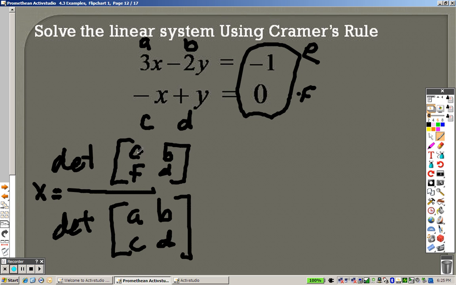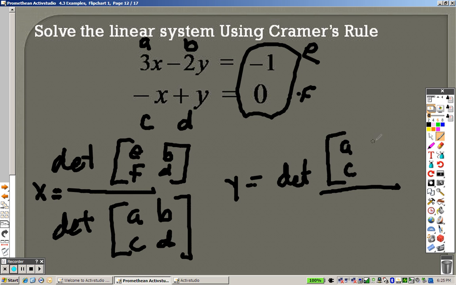If we're solving for Y, it is the determinant of the top. Since we're solving for Y, now it's A and C here, and E and F. Your answers go in for that last column there, for that Y column.